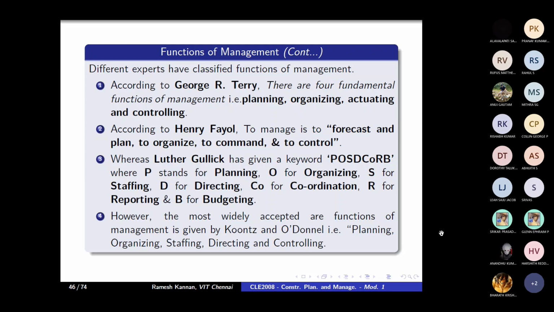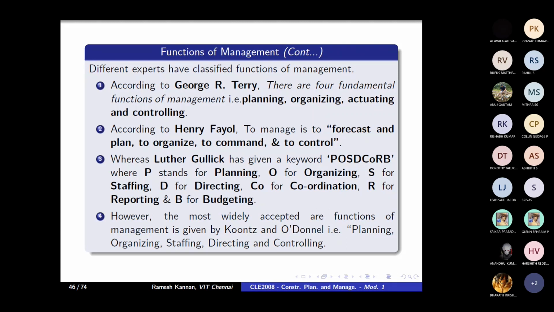The five functions of management are planning, organizing, staffing, directing, and controlling. This is the classical but also modern set of functions, widely accepted by theoreticians as well as practitioners. Koontz and O'Donnell's is the final one, and that is what we still follow.